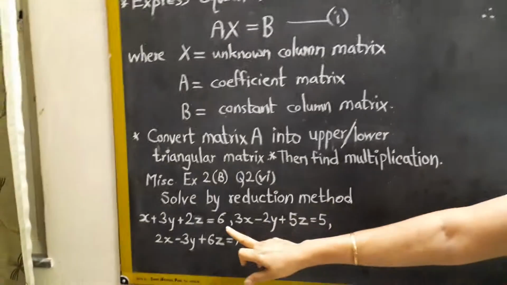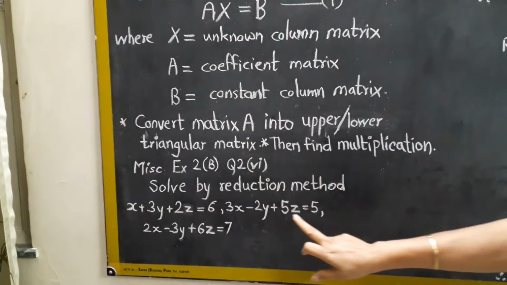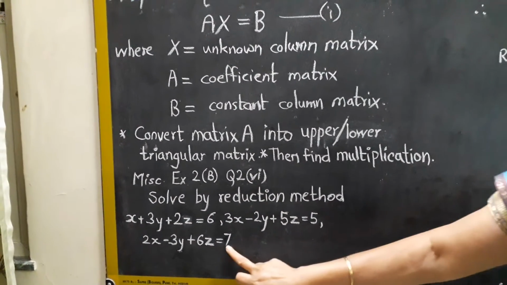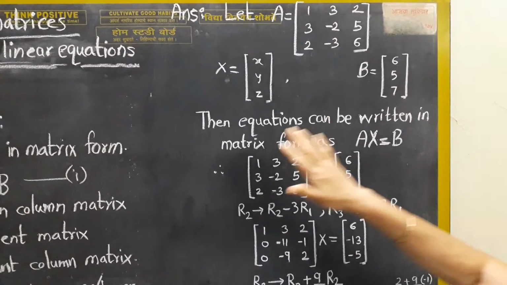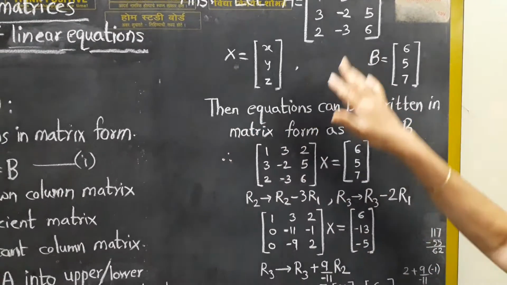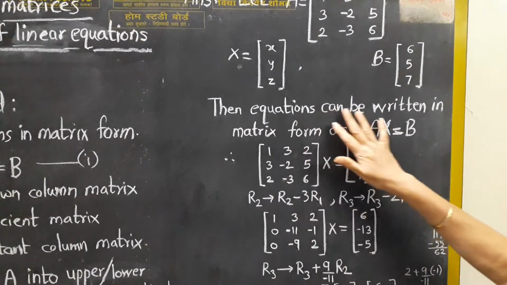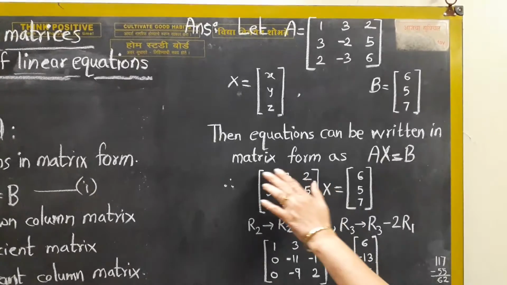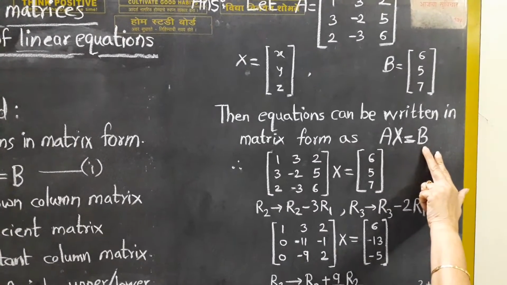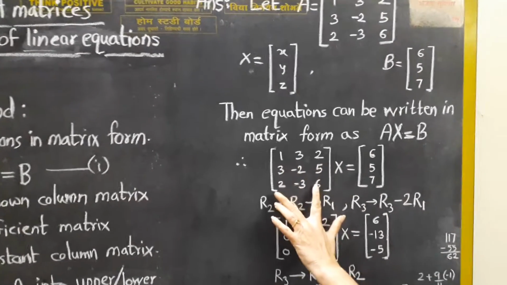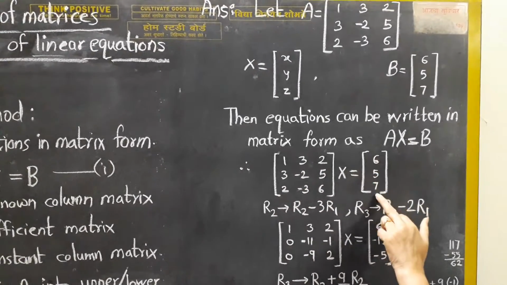The first one is 6, followed by 5 and followed by 7. So here we are writing 6, 5, 7. Then the given equations can be written in matrix form as AX equals B. So we write here the A matrix and the B matrix.